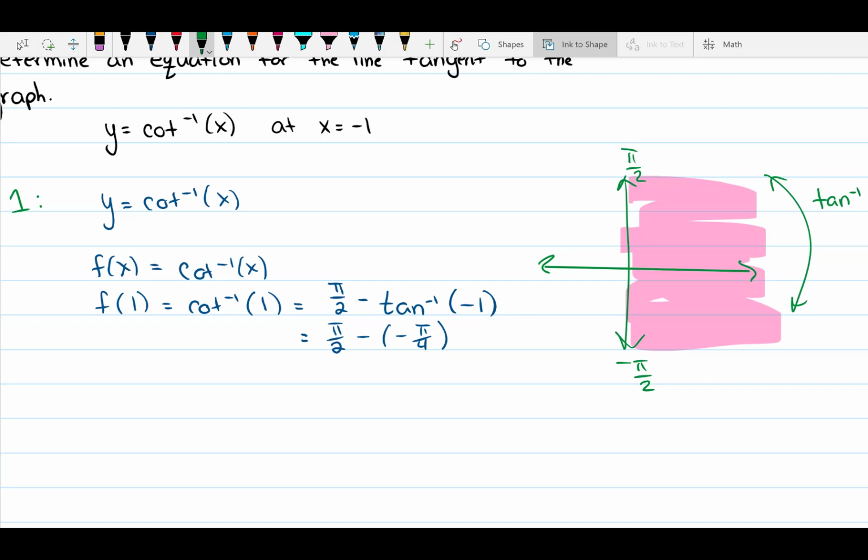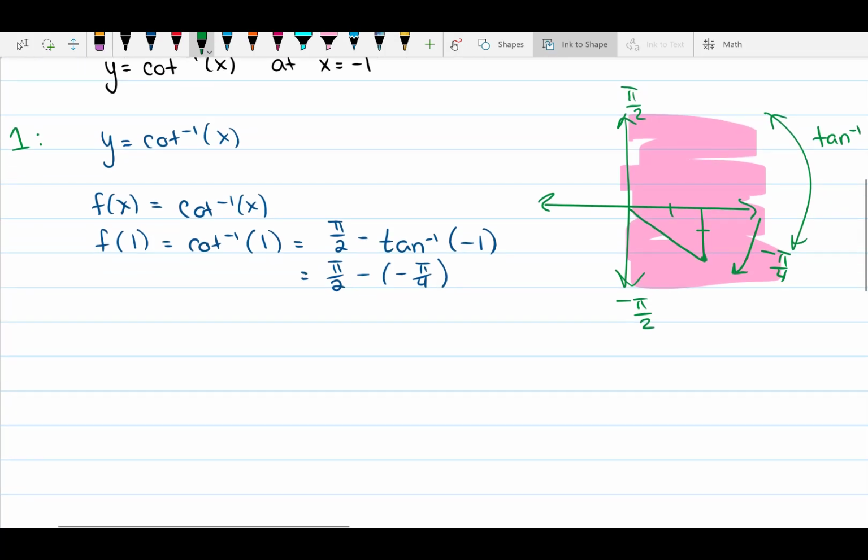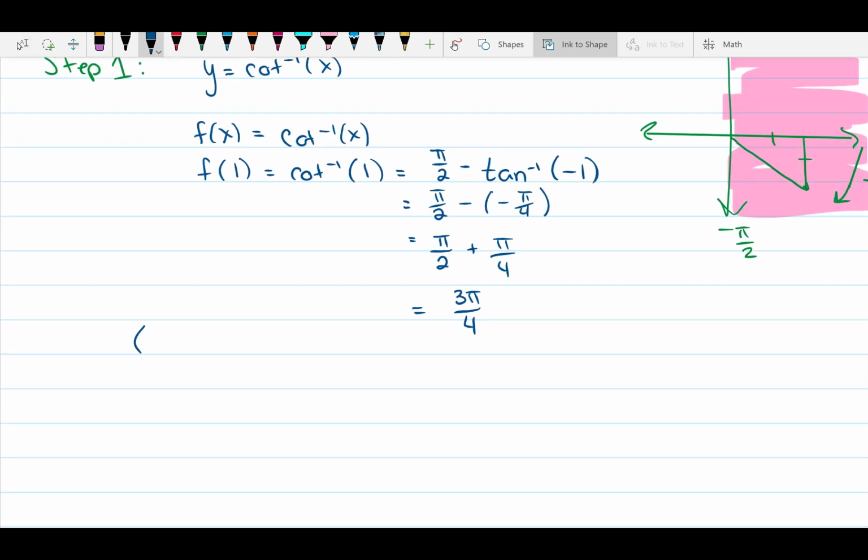Where it's -1 is right at this point, which would be negative pi over 4, because the sine and the cosine are the same. So then we get pi over 2 plus pi over 4, which equals 3 pi over 4. That gives us the coordinate -1 comma 3 pi over 4. So now we have an x value and a y value.